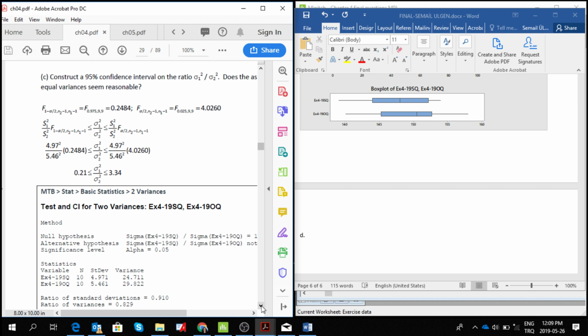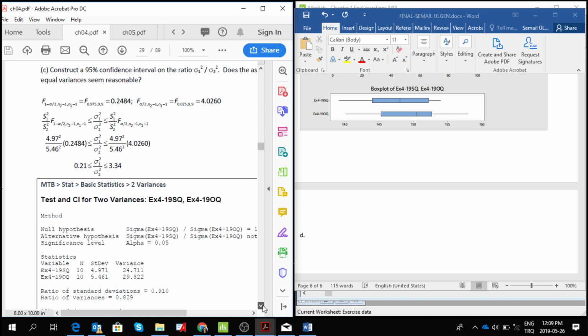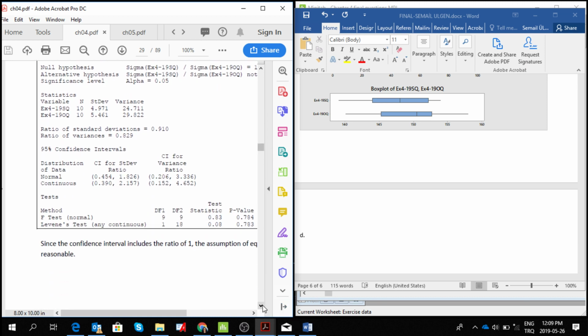Yeah, so that was the confidence interval, right? We found that the ratio equal to 1 is inside here. So this is the acceptance region. So the assumption of equal variances seems reasonable, right? That's the acceptance region.